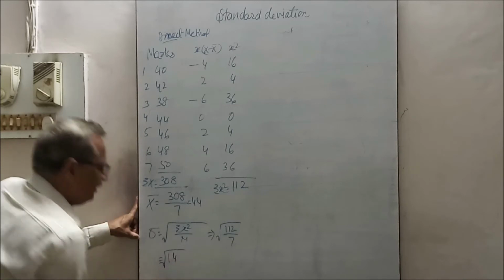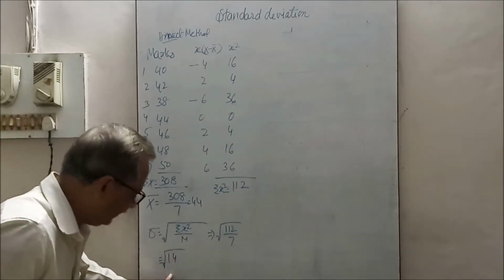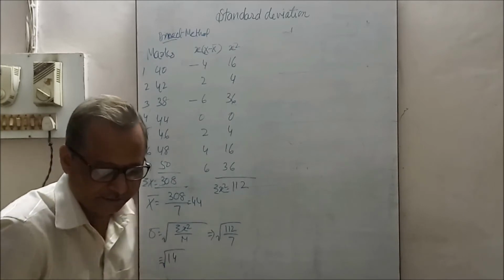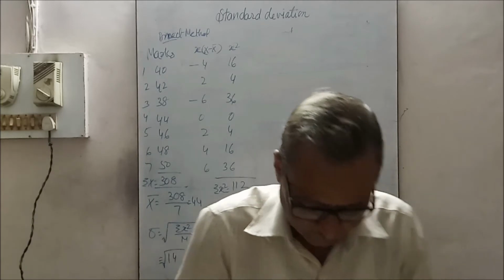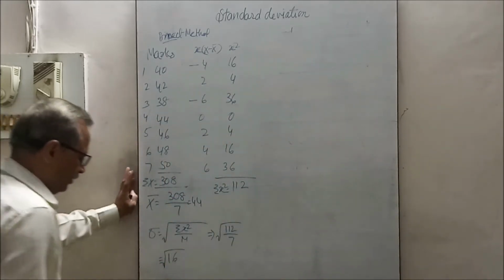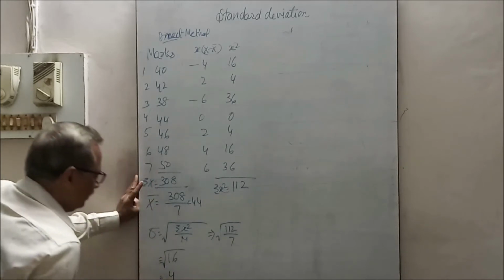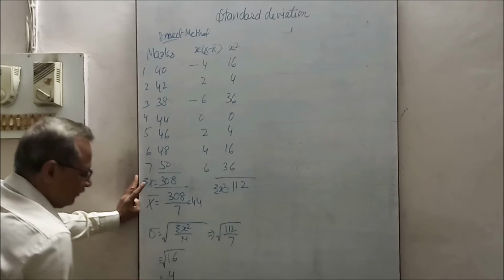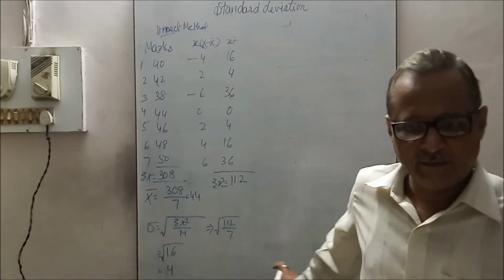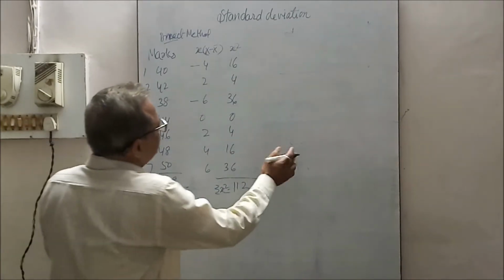Under root 16, when we break the under root, we find 4. That is the standard deviation, 4. This is called SD, standard deviation. Got it?